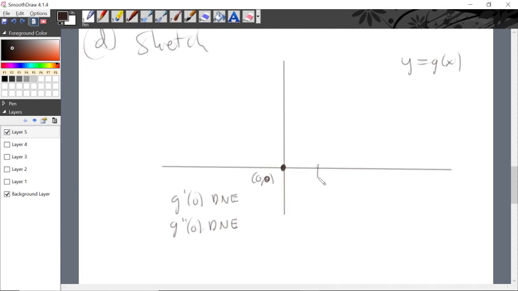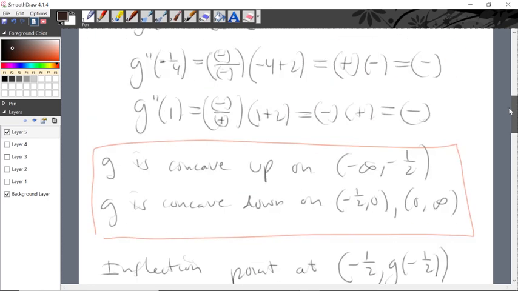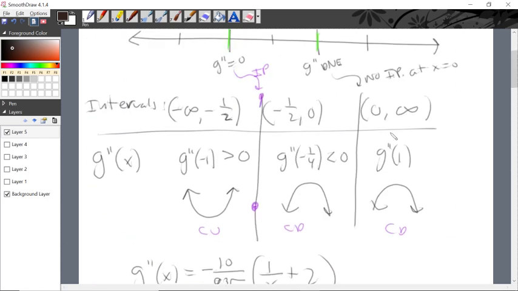Now we have the point at 1, 3, an important point. At 1, 3 we have an important point that is a local max. We had that g prime of 1 was equal to 0, and we found that g double prime of 1 was negative, less than 0, in the interval from 0 to infinity.